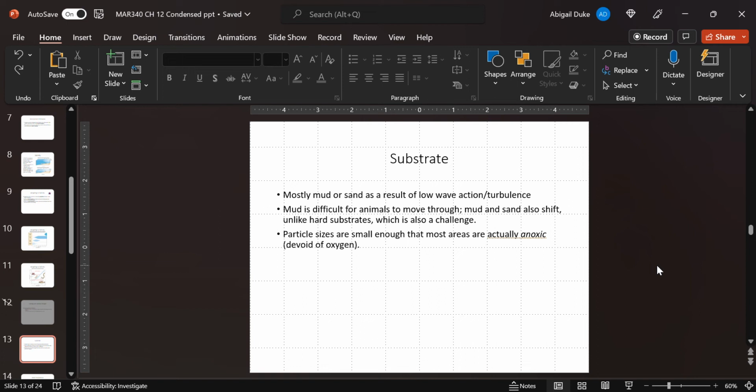So it's saying that it's hard to live in this substrate that is constantly shifting and changing and moving. And it says particle sizes are small enough that most areas are actually anoxic, which is devoid of oxygen. So that's saying that if it's too tight and compact with each other, then there's really no way for anything to move through, including oxygen. And so it's saying that if you do live in the substrate, you will have to figure out how to overcome that, because it's a little difficult.